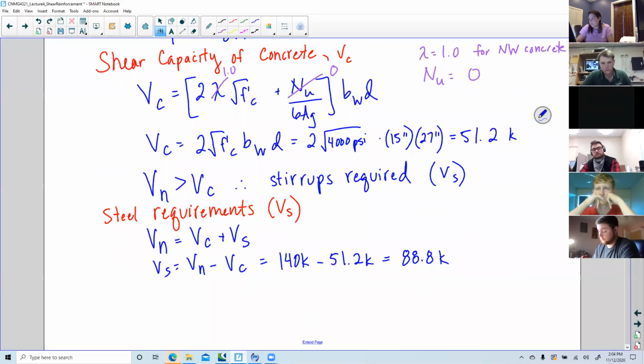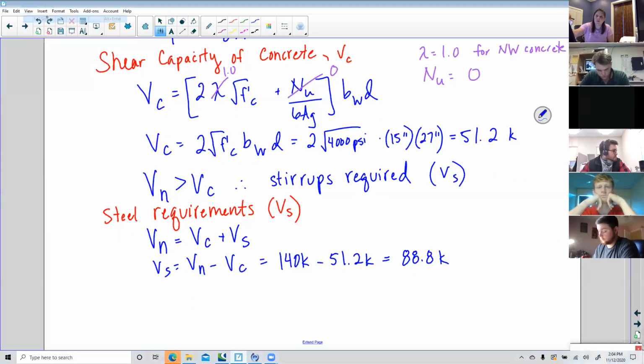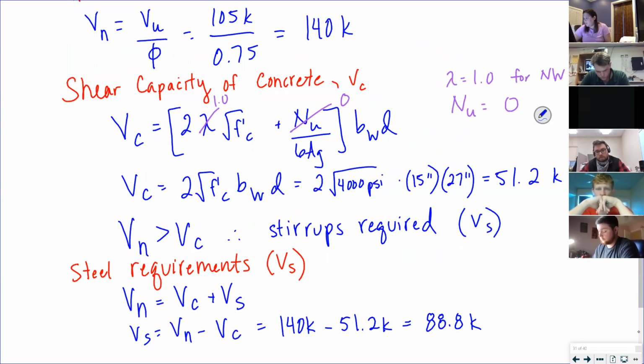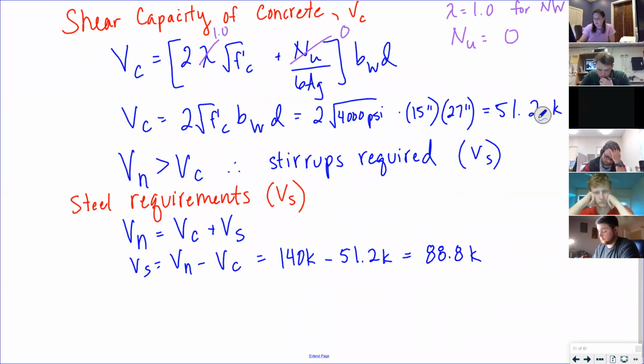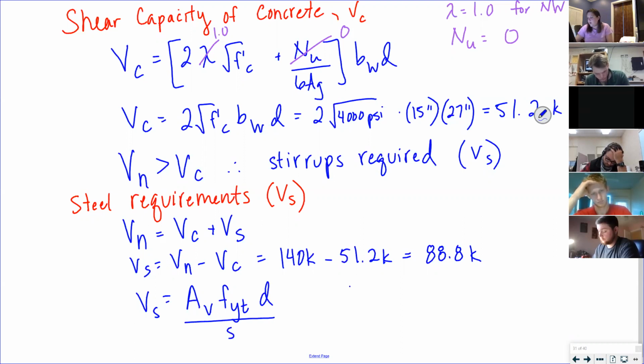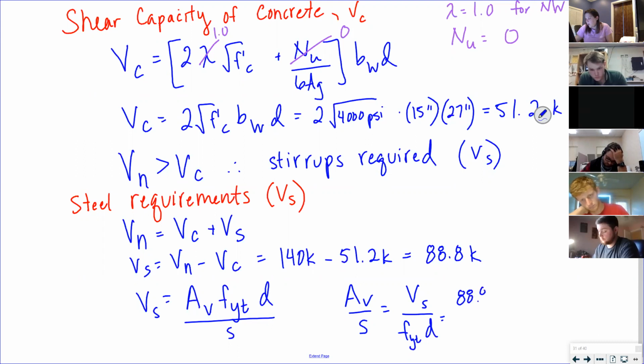So from that equation, Vs is Av fyt d over s, and if you solve for Av over s, that is what you want to know. This is 60 ksi steel, 27 inches.